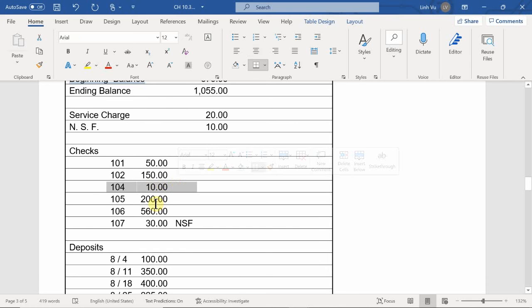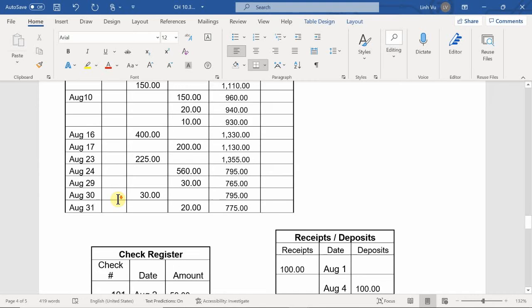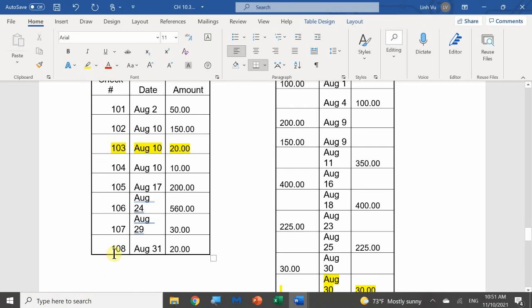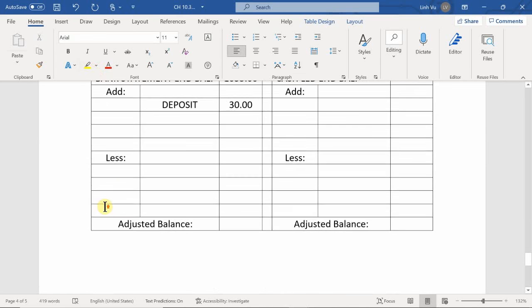Where did check 103 go? I have check 104, 105, 106, and 107. So I'm missing 2 checks, for 103 and 108, because I wrote 8 checks and only 6 cleared. Check number 103 was for $20, while check number 108 was also $20. So I'm going to plug that in here.